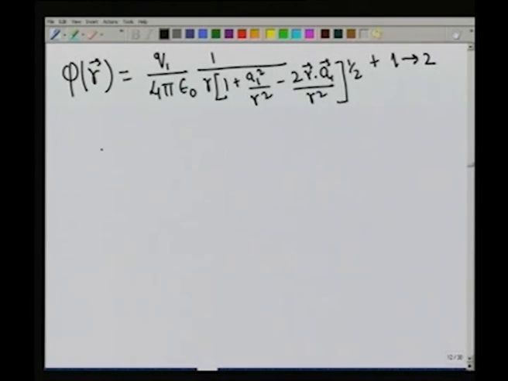So if I were to make a binomial expansion, all of you are familiar with, how does it look like? The first term is Q1 over 4 pi epsilon naught. Let me make the expansion for the first term.